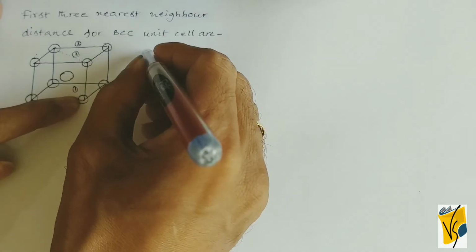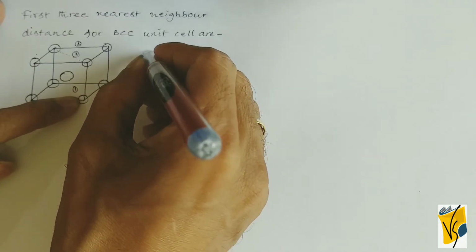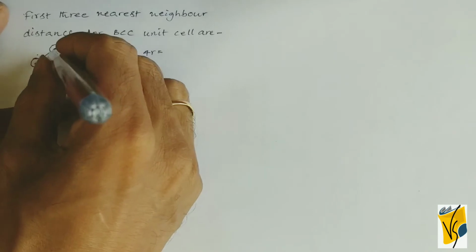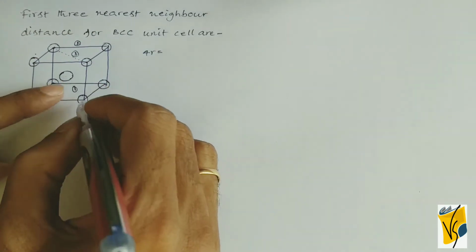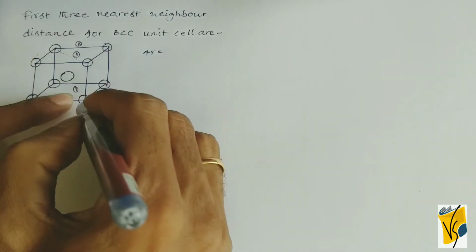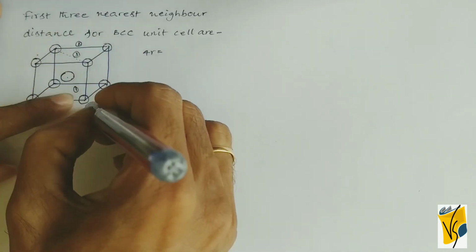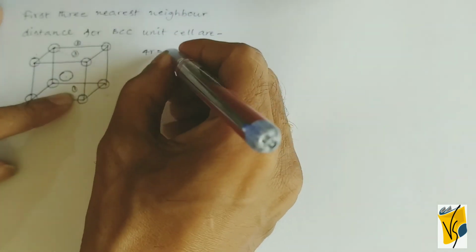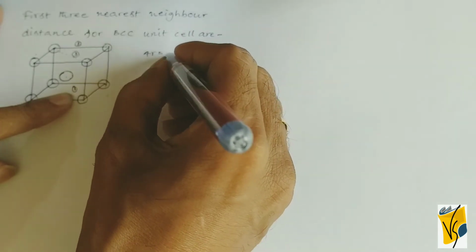Body diagonal length is equal to 4r, since 3 atoms are there and 4 radii will be along this body diagonal length. So 4r is equal to root 3a.